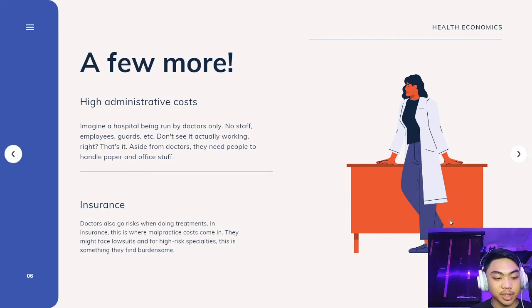Last would be insurance. So we're talking about, what if you went to the hospital to get treated, but what happens when it gets worse? Doctors also take risks when doing treatments. In insurance, this is where malpractice costs come in. So if anything na try mong ipa-check sa doktor and they try to solve it but they couldn't have done it and ang nangyari is things got worse, they're the ones who are responsible for that.